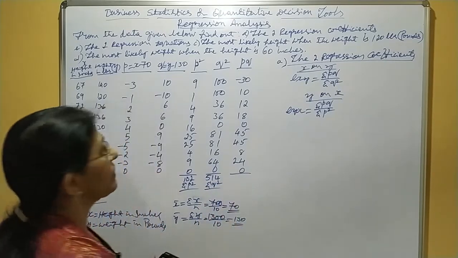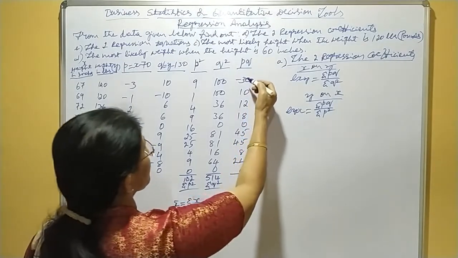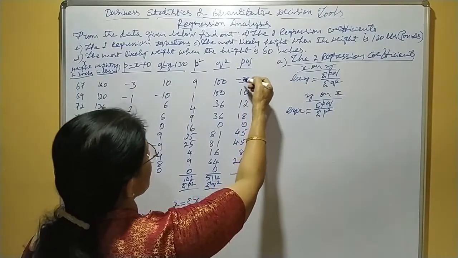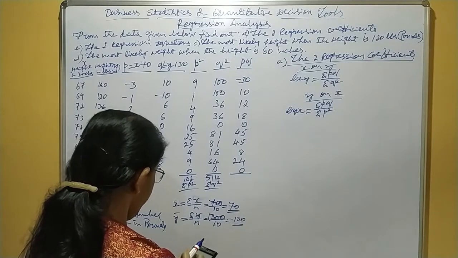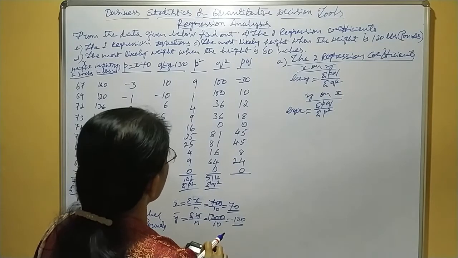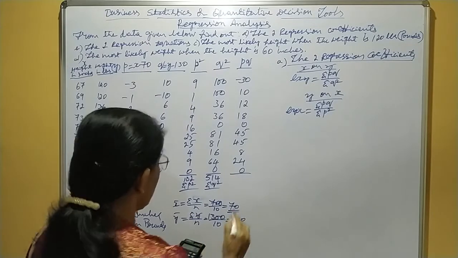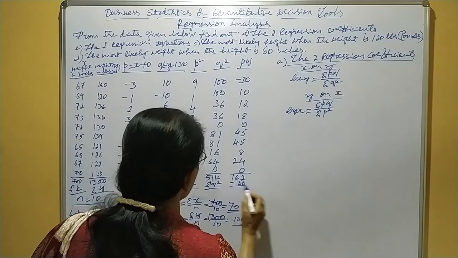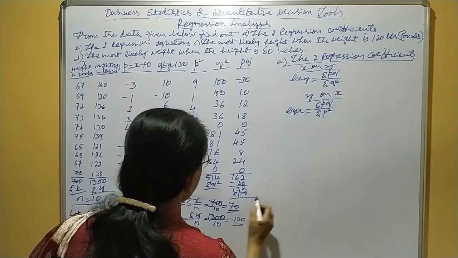Okay. Now, when you take sigma pq, there you should be careful. Here one minus value is there, therefore take the plus values total separately. Then from that you have to deduct this minus 30. Plus 162 minus 30, it is 132, that is sigma pq.